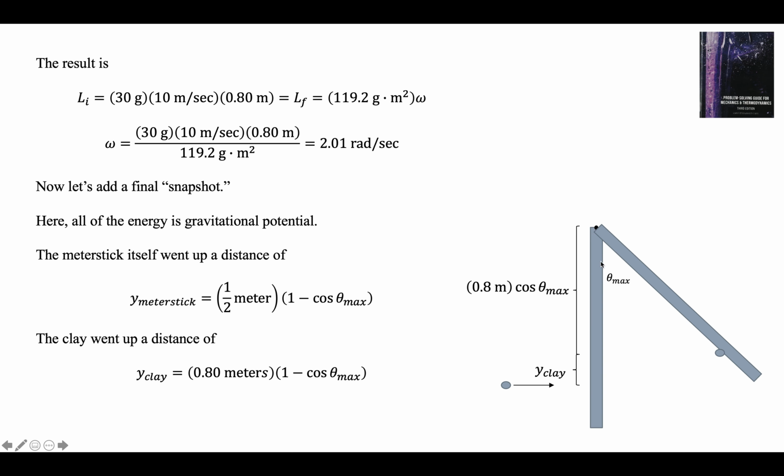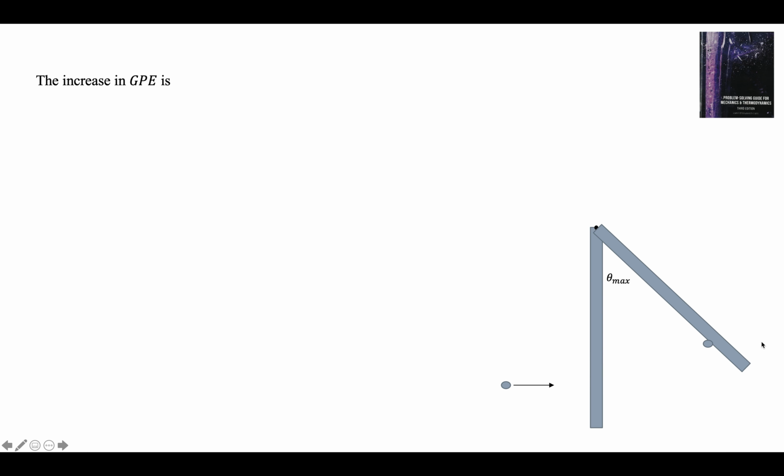So the height of the clay is 0.8 meters minus 0.8 meters cosine theta max. We factor out the 0.8 meters and get 0.8 meters times 1 minus cosine theta max. Take your time, make sure you understand that calculation. So there's the final height of the clay.